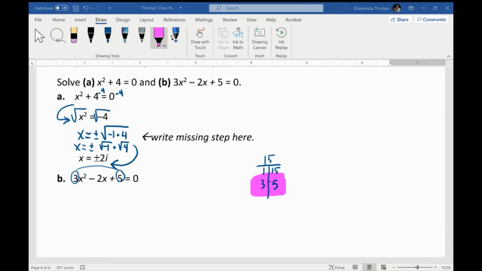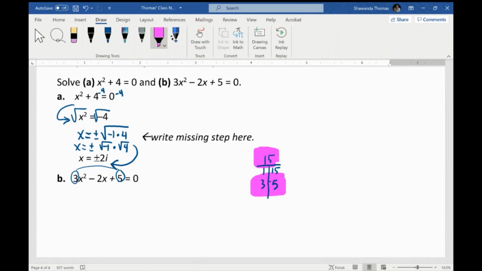All right. Anybody see why we can't factor? Thank you, Kenneth. 3 times -5 would not give us positive 15. That's why. If it was negative AC, negative 15, then it would have worked. All right, but it doesn't.